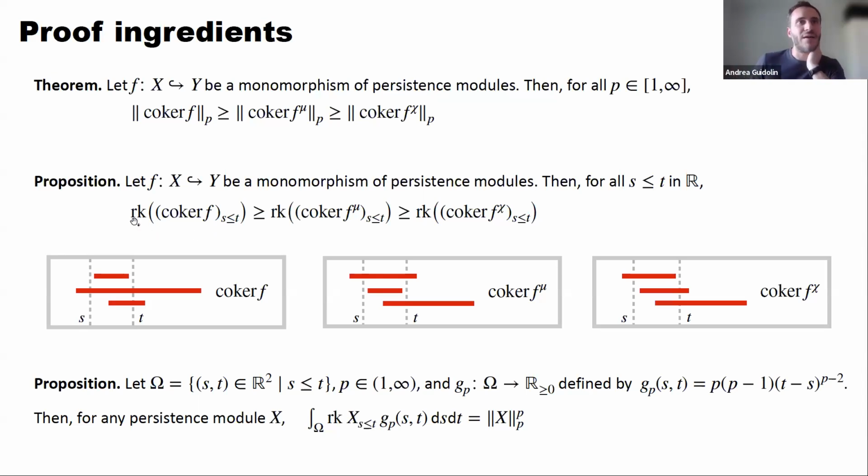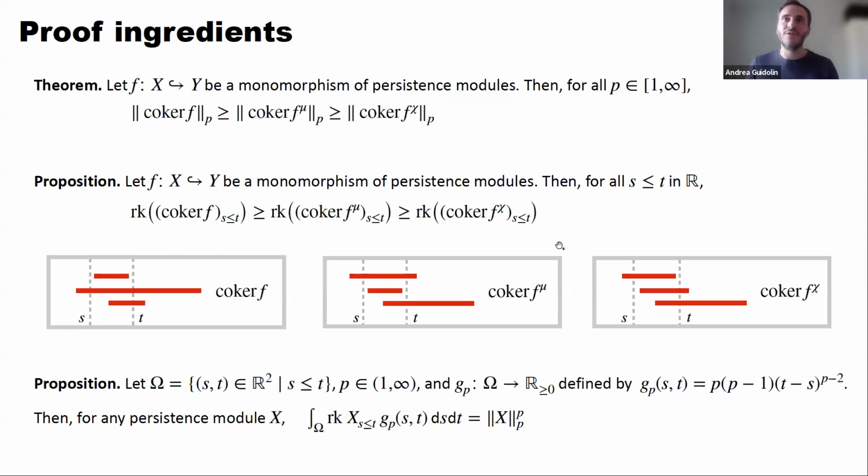So the rank, the dimension of the image of the transition map from S to T of the co-kernel of the original morphism is larger than the rank of the transition map of the morphism induced by our matching, which in turn is larger than the rank of the transition map of the morphism associated with the Bauer and Lesnick matching.